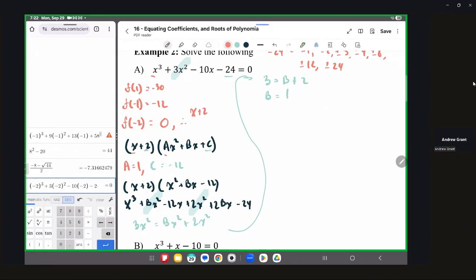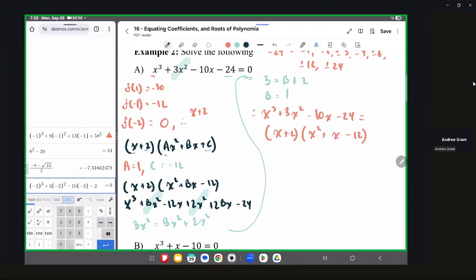So then we can say, therefore, x cubed plus 3x squared minus 10x minus 24 is equal to x plus 2 times x squared plus x minus 12.